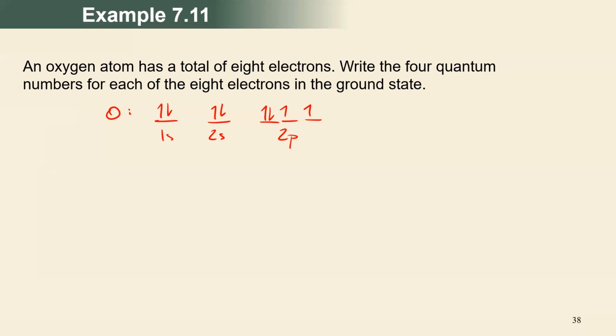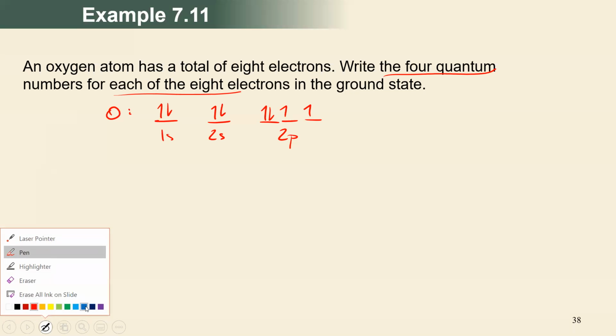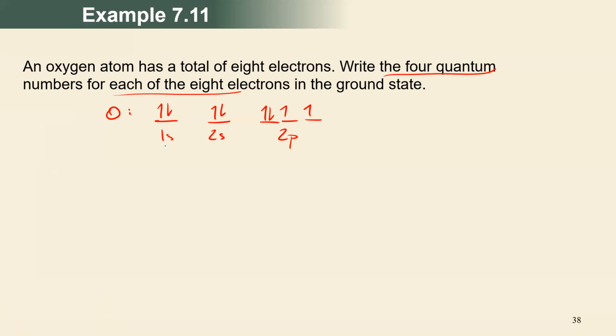Okay. All right. So we're going to write all 4 quantum numbers for all 8 electrons. And so, you could make a little table or however you wanted to do this. But for these 1s electrons, what's the principal quantum number?